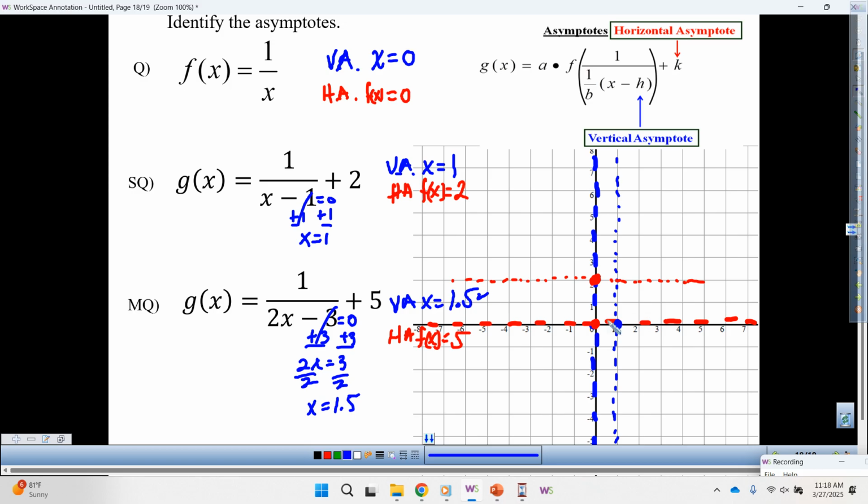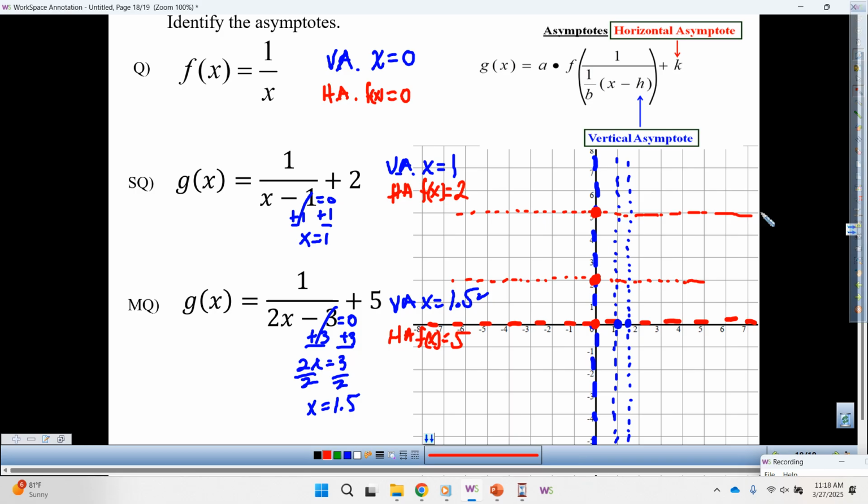All right, let's graph that. My VA is at 1.5 of x, which is here. Do a vertical line. Invisible line going through 1.5. And our HA is at 5 of y. There it is.